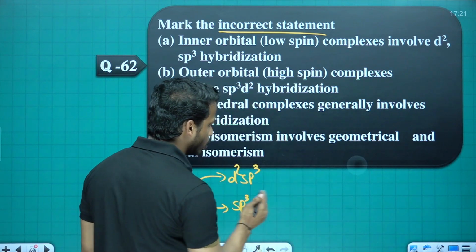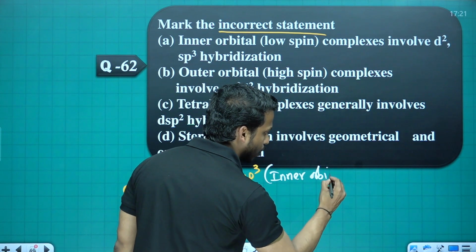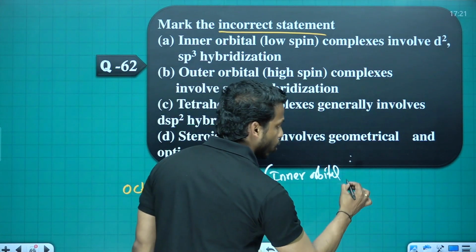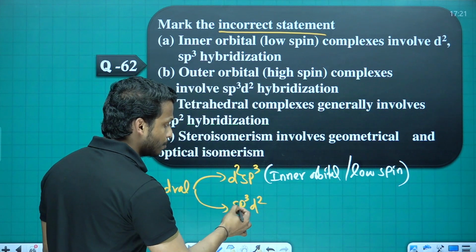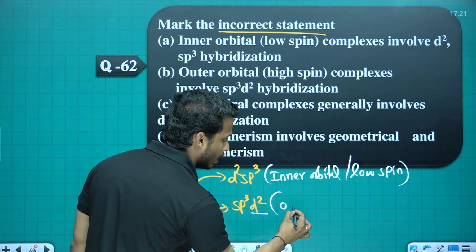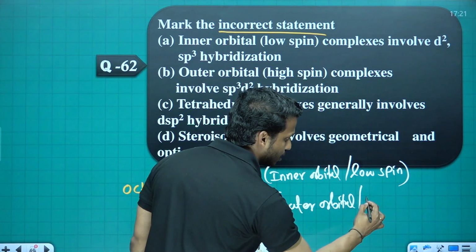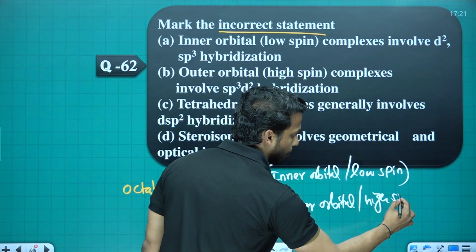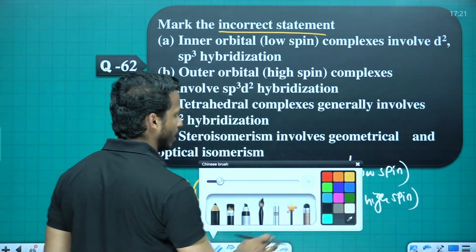If it is d2sp3, they are called inner orbital complexes. Inner orbital complexes are also called low spin complexes. sp3d2 means they used the outer d orbital, so they are called outer orbital complexes or high spin complexes. This is the theory we studied according to VBT.